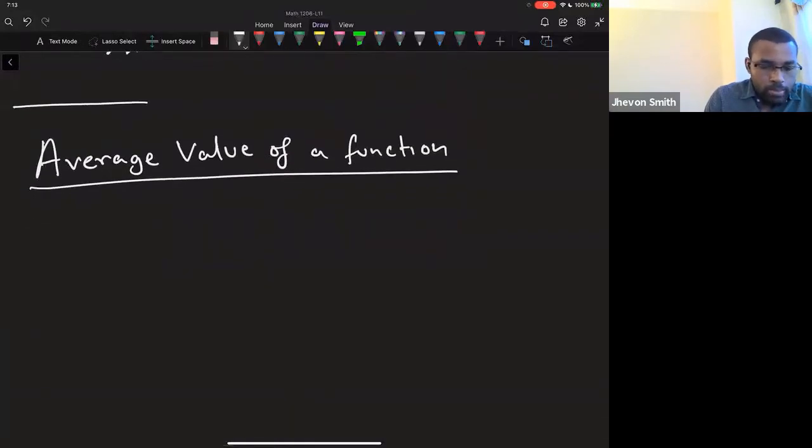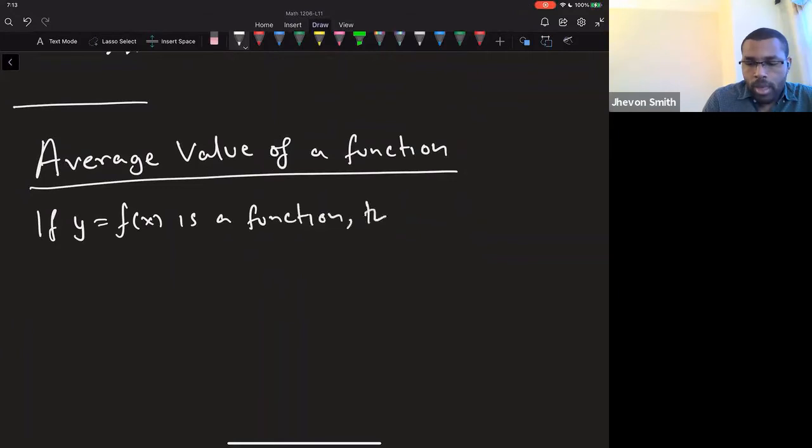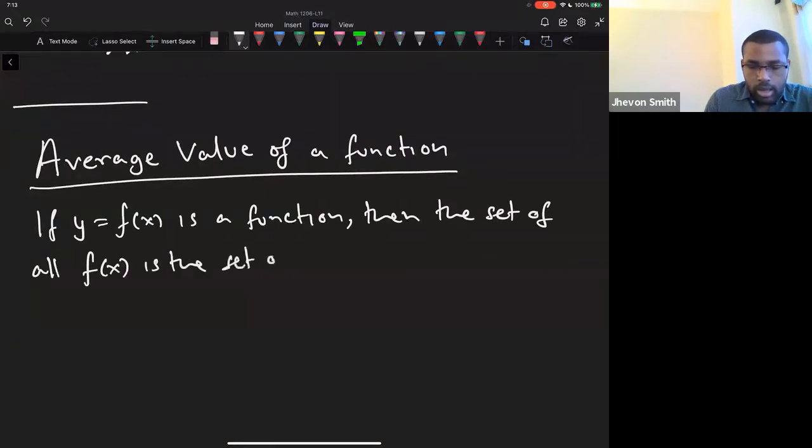So remember, if y equals f of x is a function, then the set of all f of x is the set of values of the function.